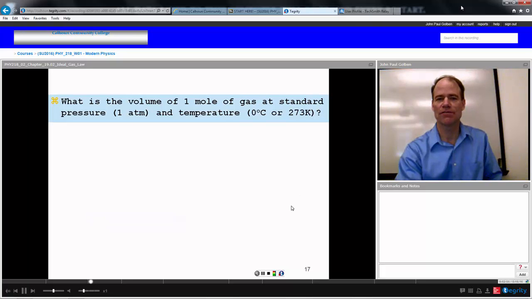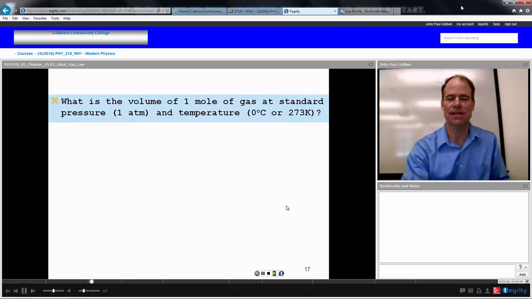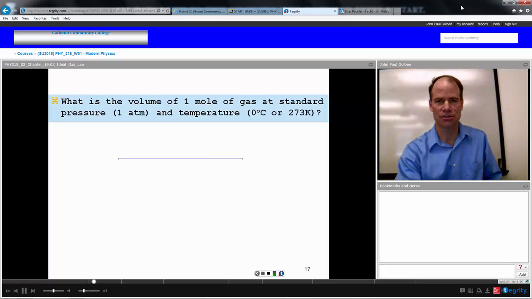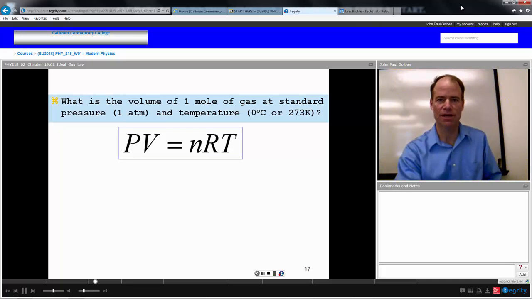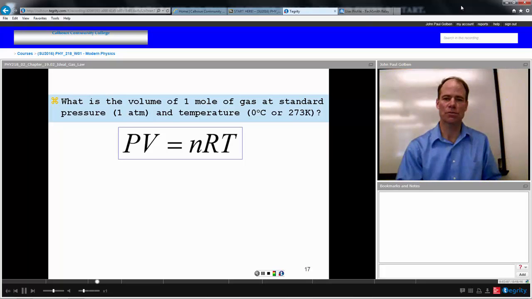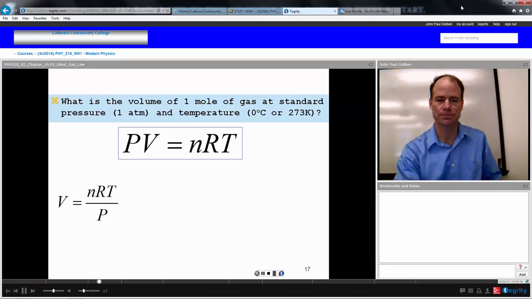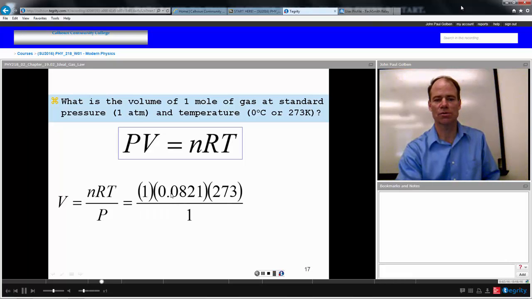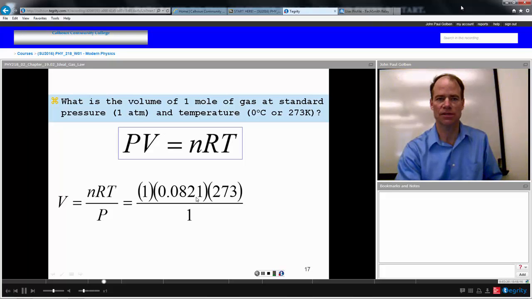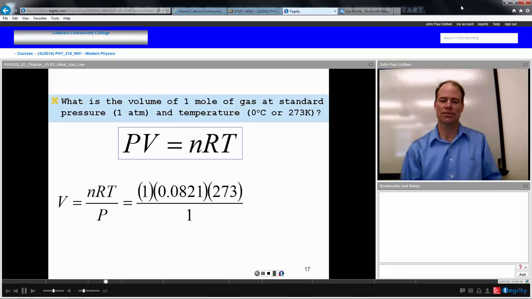So what is the volume of 1 mole of gas at standard pressure, 1 atmosphere, and standard temperature, 0 degrees Celsius, or 273 Kelvin? Here's our PV equals nRT, and using this formula in this form, we want to make sure our temperatures are in Kelvin. Our volume will be equal to the number of moles, 1, times R. We're going to use the R because we're given the pressure in atmospheres, so we got 0.0821 for that.